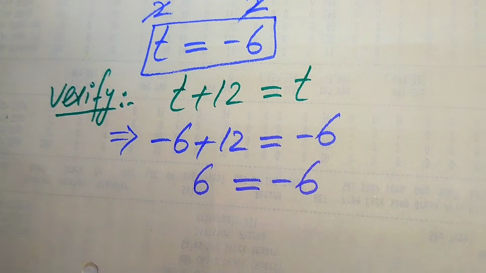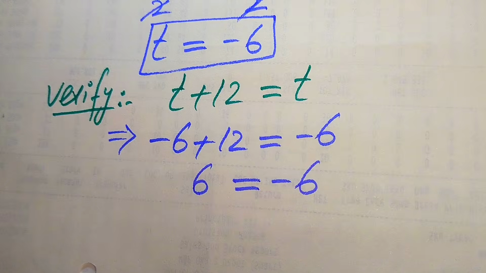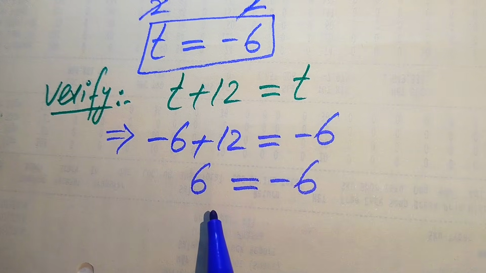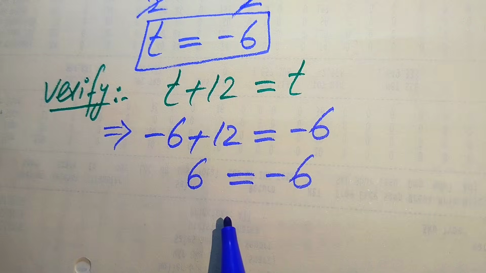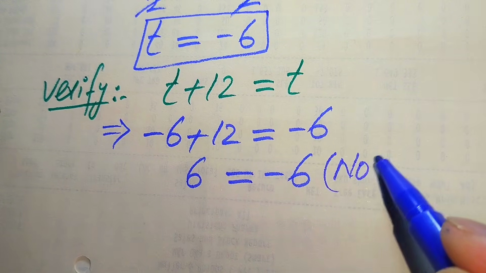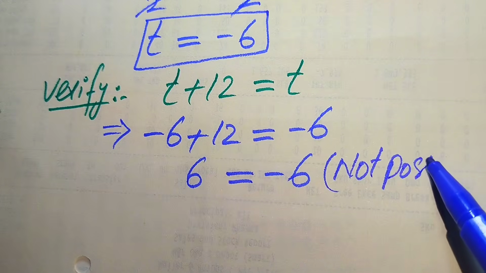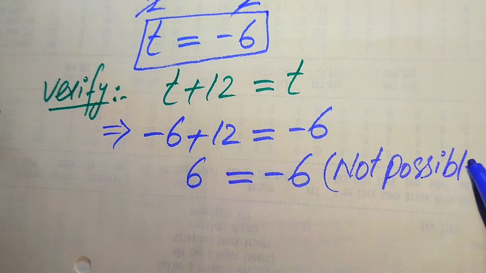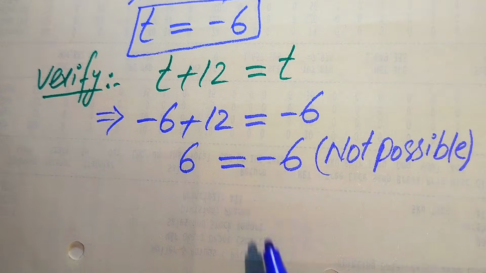So you see here in the left hand side we have positive 6, and in the right hand side we have negative 6. But both of these two values are not equal, so it is not a possible case. It is not possible that a positive 6 is equal to a negative 6.